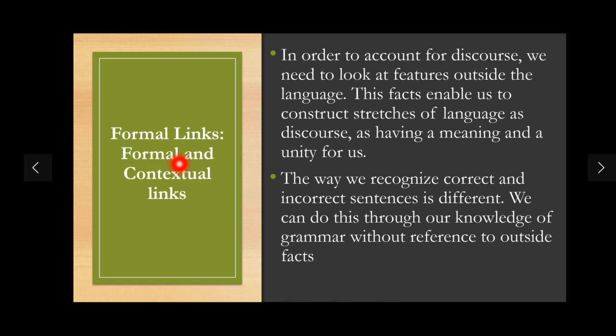And sometimes when we do discourse analysis, we look for the features outside of the language. Then such links are called contextual links, right? So formal links are associated with cohesion in discourse, while contextual links are associated with coherence in discourse, right?